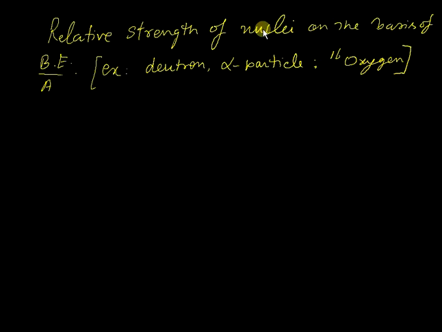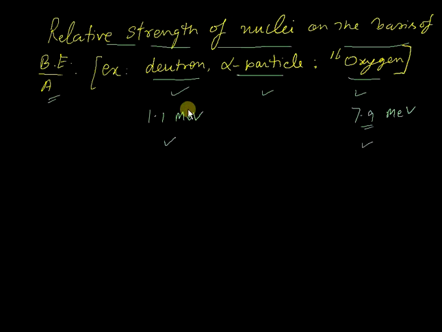Now the second one, an important point: the relative stability of nuclei on the basis of binding energy per nucleon. For example, the binding energy per nucleon for the deuteron, alpha particle and oxygen-16 is given. In case of the deuteron, you have seen that it is 1.1 MeV per nucleon.